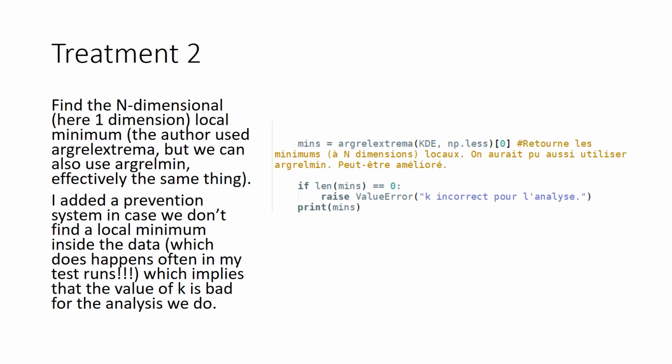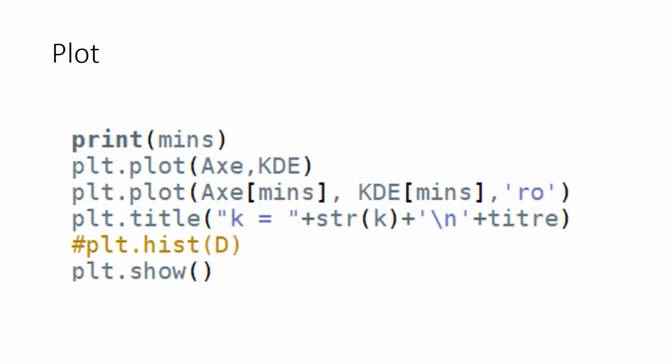He had to say, okay, if it's empty, it means that my log probability is almost constant and does not have any significant bump. It's like if you have a uniform density. So I think it's important to add this error raising.